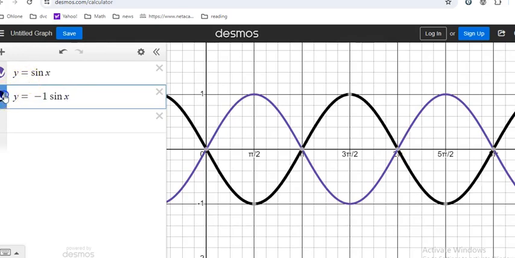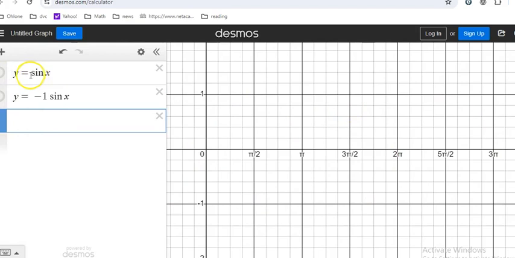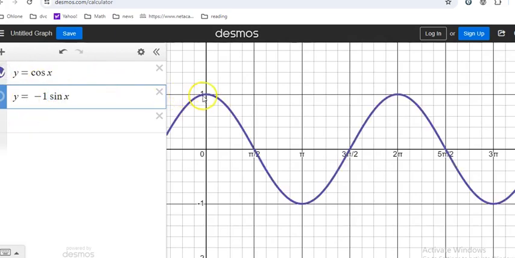It will be a reflection, right? The graph would not go up first and then down; it would go down first and then up. The same for cosine. If I change this to cosine, do you remember what cosine would look like? It's a big V, right?